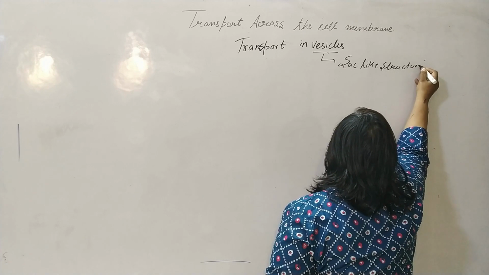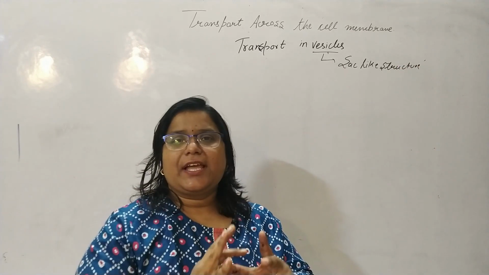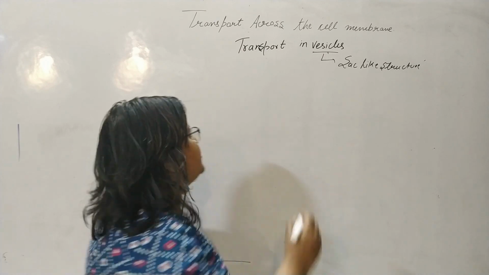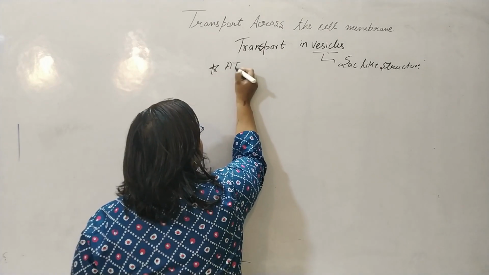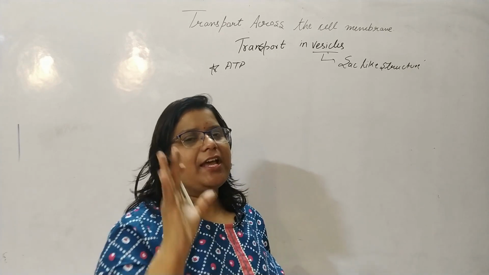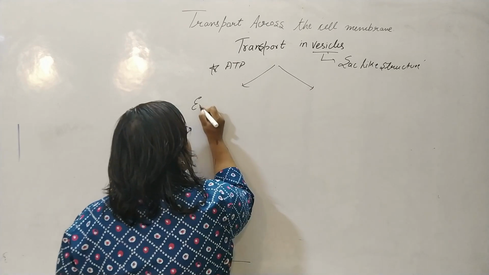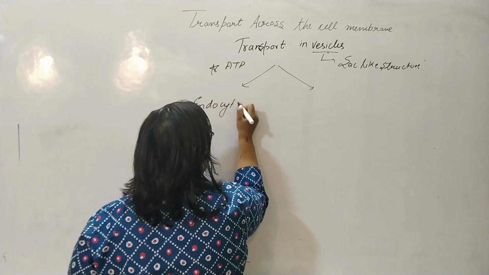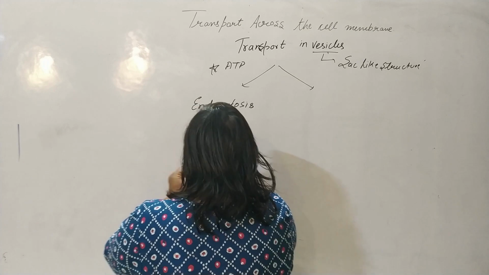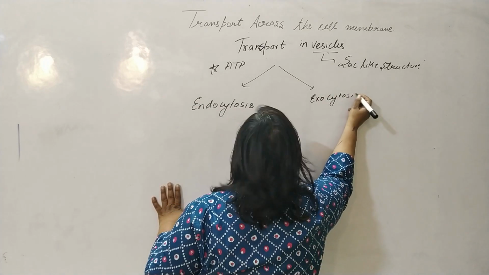Here the transport in vesicles utilizes energy, and the energy is utilized in the form of ATP. Okay, so transport in vesicles is with the help of two mechanisms: one is endocytosis and the second is exocytosis.